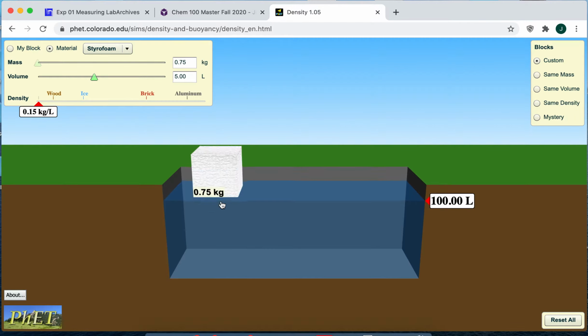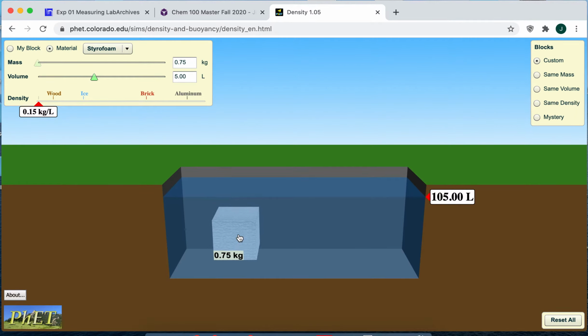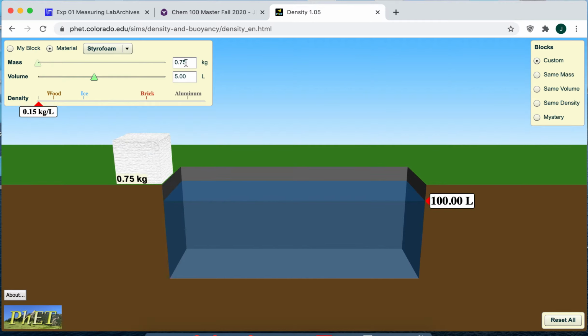So in order to calculate the density of this styrofoam, you take the mass, which is 0.75, divided by 105 minus 100, which is the volume of this styrofoam block. So it's gonna be 5 liter. 0.75 kilogram divided by 5 liter gives you the density of this styrofoam, which is 0.15 kilogram per liter.